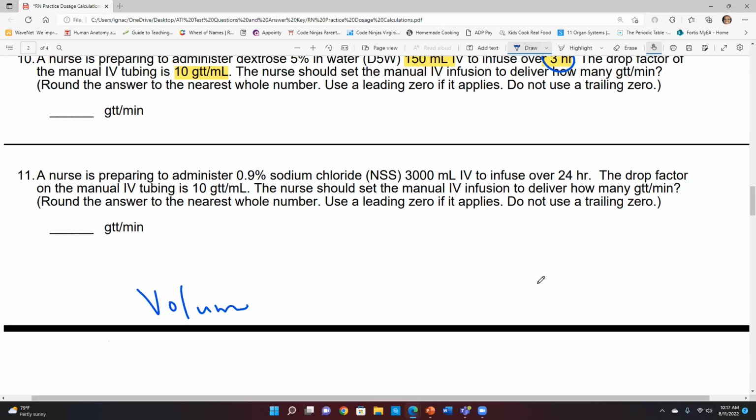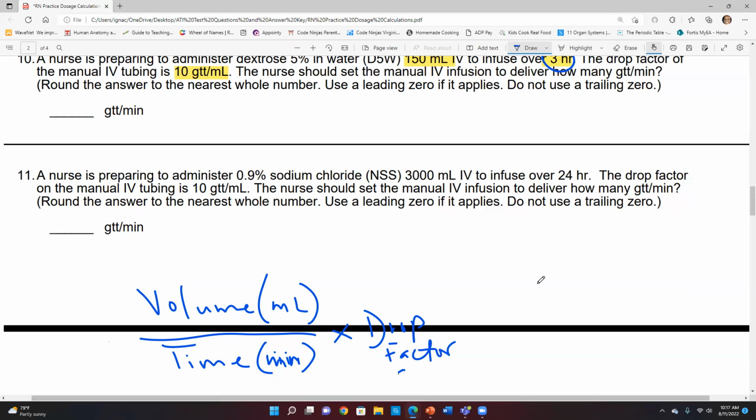Volume in mLs over the time in minutes multiplied by the drop factor. Okay, and that's GTTs over mLs. Okay, that's your drop factor.